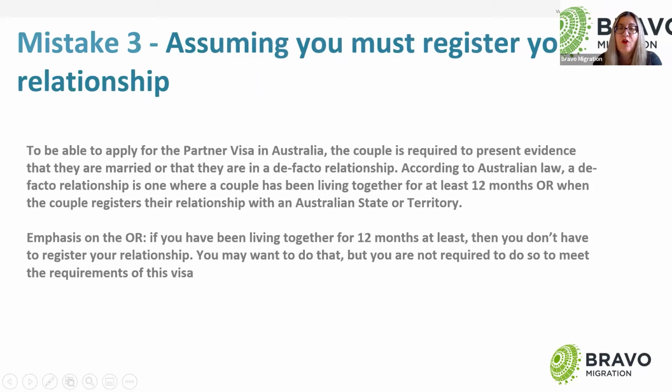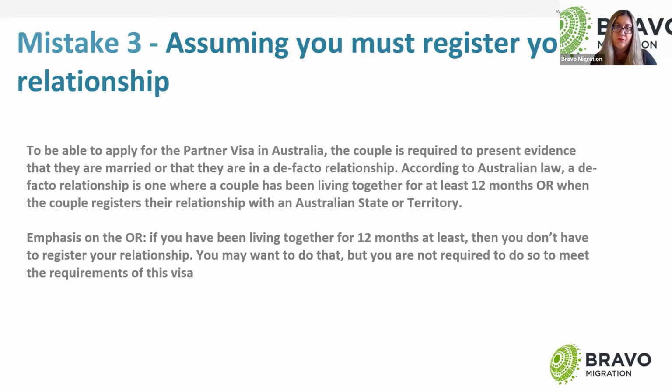Now, going more into the particulars of a partner visa application, one mistake that we see all the time is people come to us and say, I want to know if I qualify for a partner visa, but I'm sure I don't, because we haven't registered our relationship yet. Or some people say, we want to apply for a visa, but we first need to register our relationship, or we have already registered our relationship.